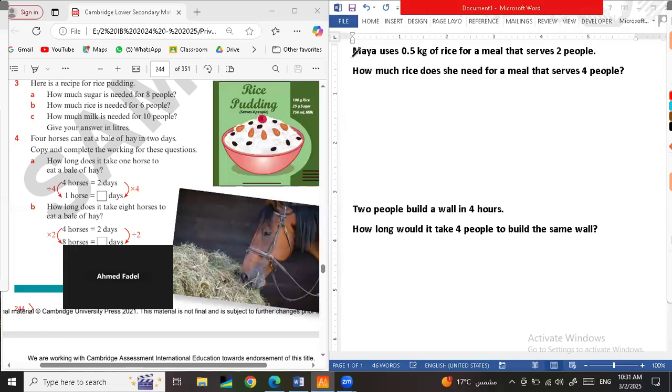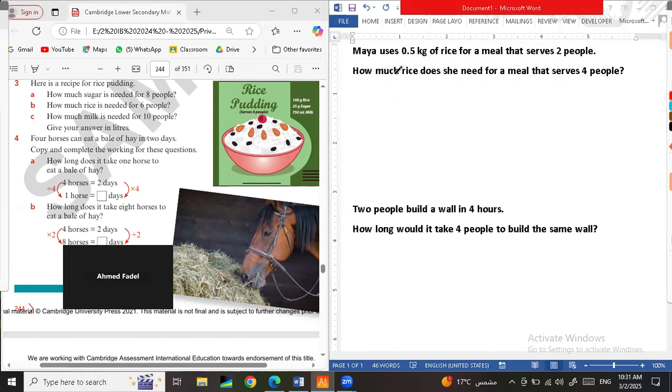If I say to you that Maya uses 0.5 kilograms of rice for a meal that serves two people, how much rice does she need for a meal that serves four people? All right, let's look at this.